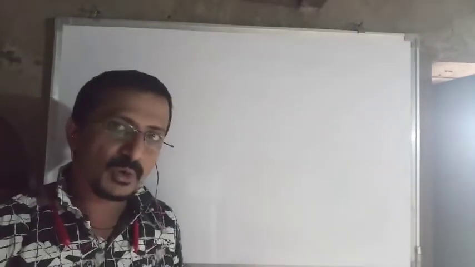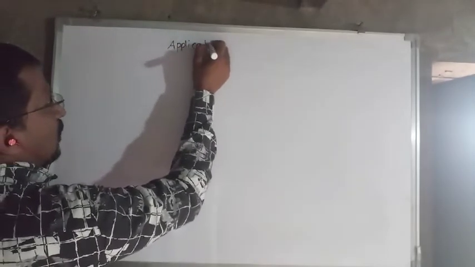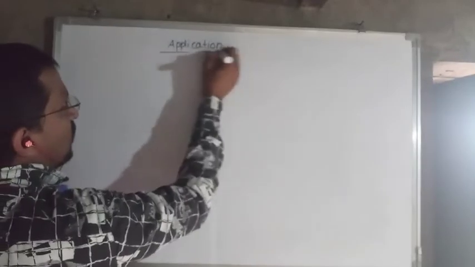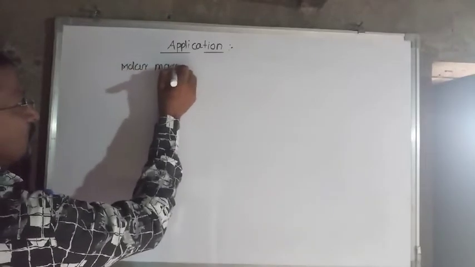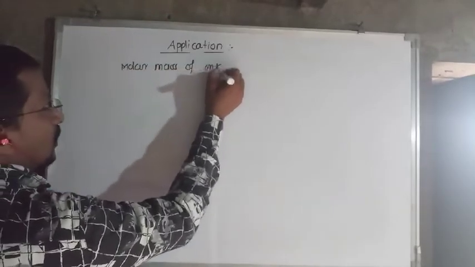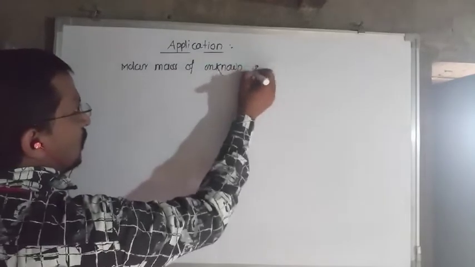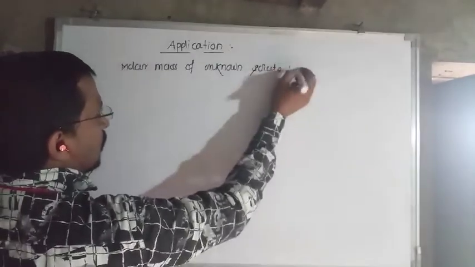Similarly, osmotic pressure has an application, and I previously told you that all colligative properties have the same application: they are used to determine the molar mass of an unknown solute.